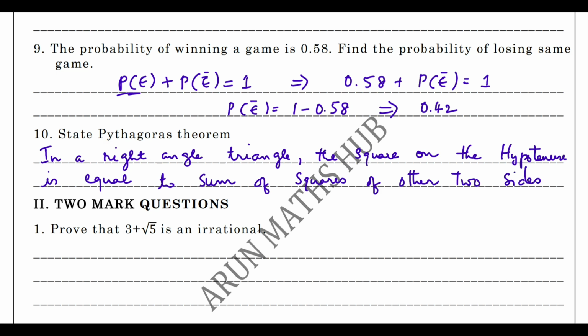This is the Pythagoras theorem. In a right angle triangle, the square on the hypotenuse is equal to what? Sum of squares of the other two sides.